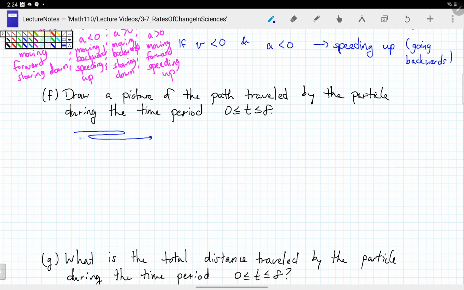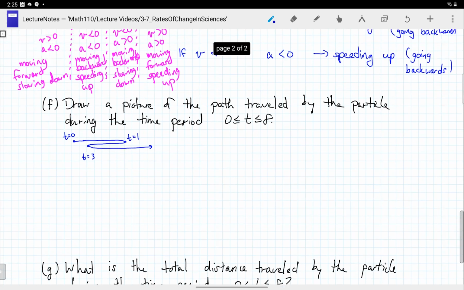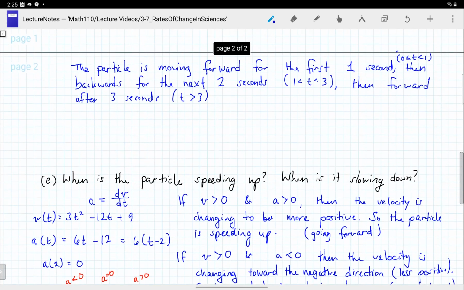I don't know how far I go forward, but I know at t equals 0, I'm going forward. At t equals 1, I turn around and move backward. And at t equals 3, I turn around and move forward, and I'm moving forward forevermore. So that is a rough idea just based on my answer to part D.